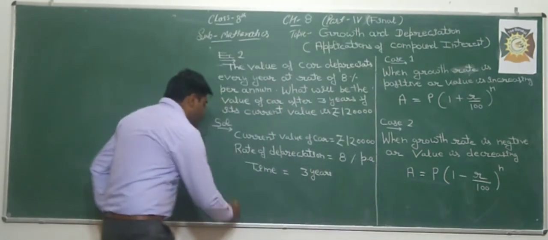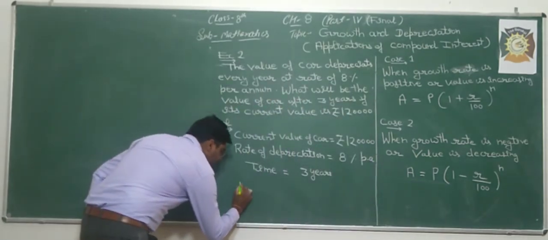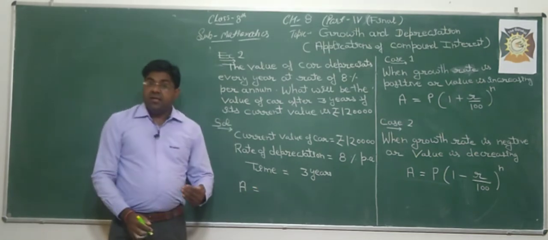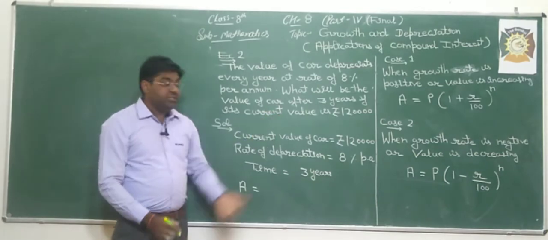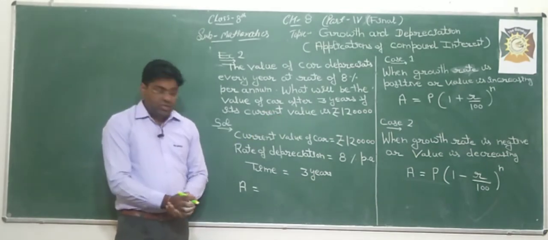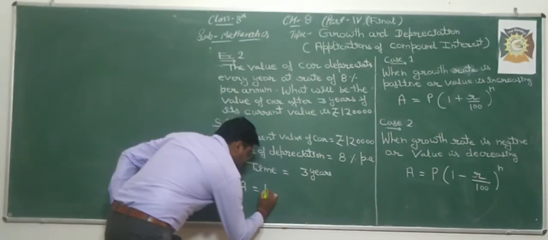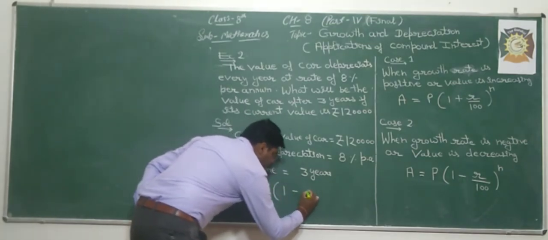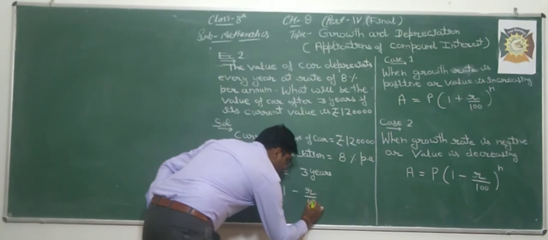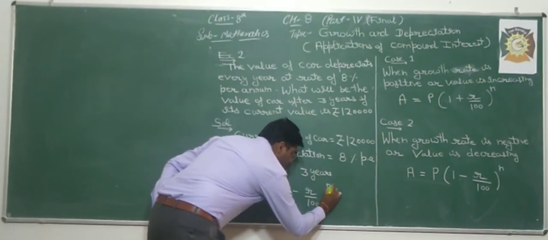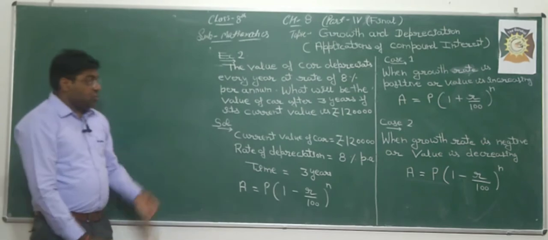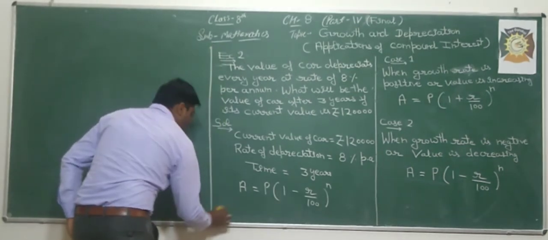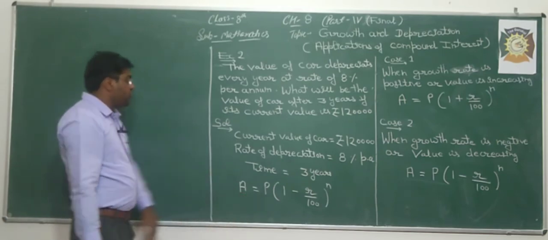Now because the value is decreasing, we will use this formula. First of all, write down the formula. We have to use amount A, which means the value after 3 years, and P is the present value, and this is 1 minus rate upon 100 raised to the power n. Now just putting in the values, because we have to find A, write it as it is.